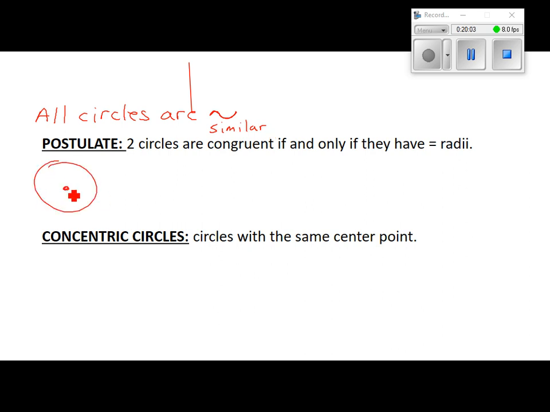So for these two circles to be congruent, you have to know that this radius is 5 centimeters and this radius is 5 centimeters, then the two circles are congruent. Sort of common sense stuff there. So if I made another circle and it had a radius of 12 centimeters, it's not congruent with the other two.